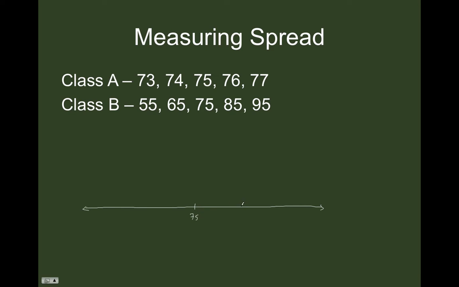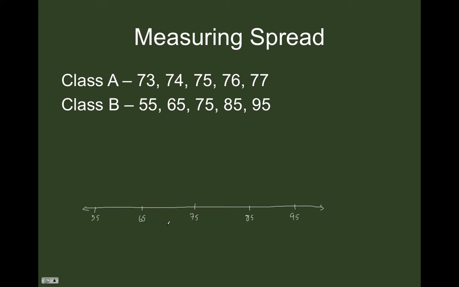Then I'll put 85 here and 95 here. Then I'll go the other direction and put 65 here and 55 here. Okay, so those are Class B scores.